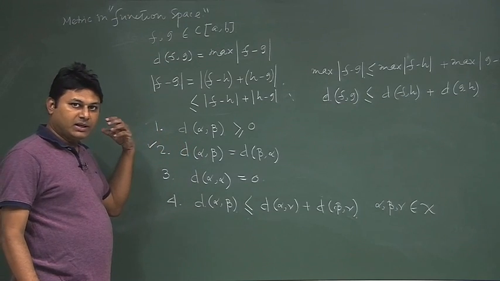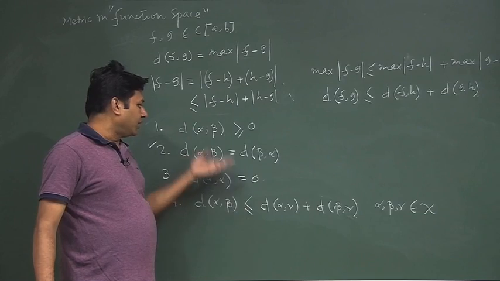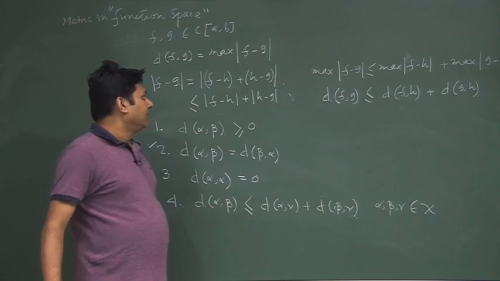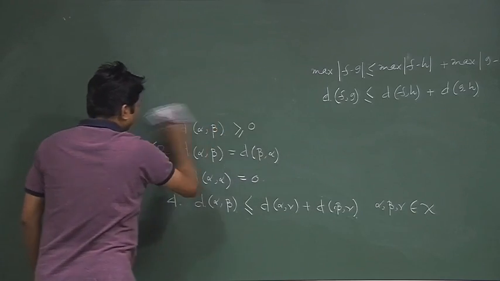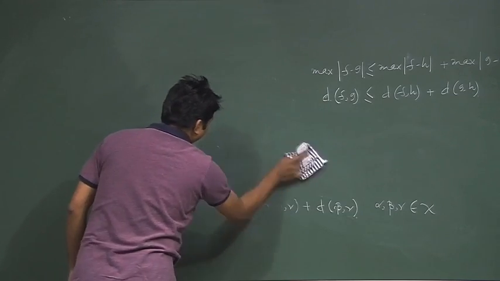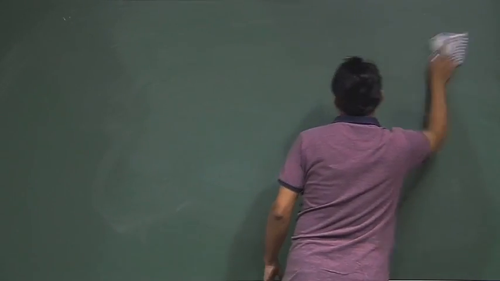So, you can define it your own way, but the only condition is that these four properties should be satisfied by whatever metric you define. Okay. Now, we will go to more important things after having a brief idea of what a metric is and how it works in function or vector space.